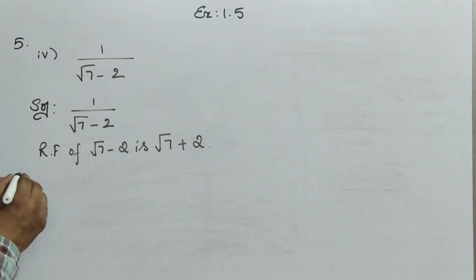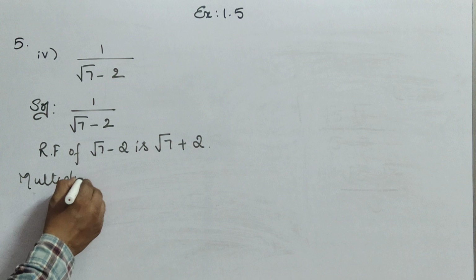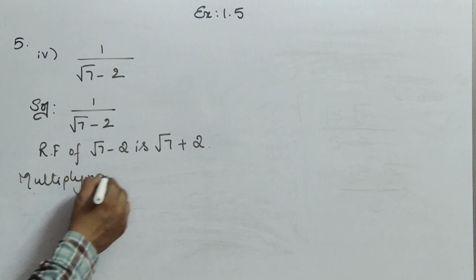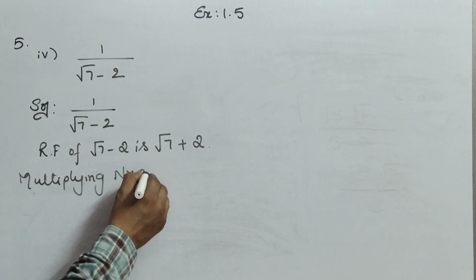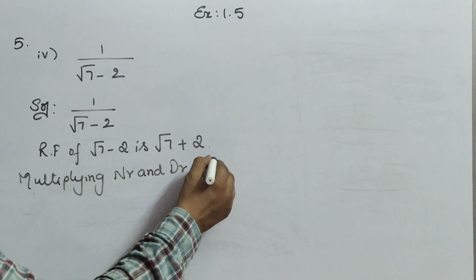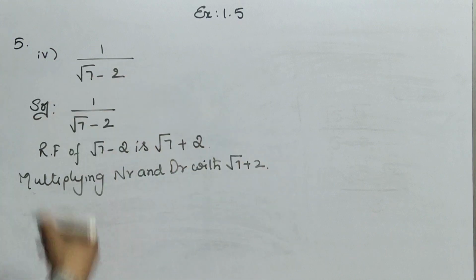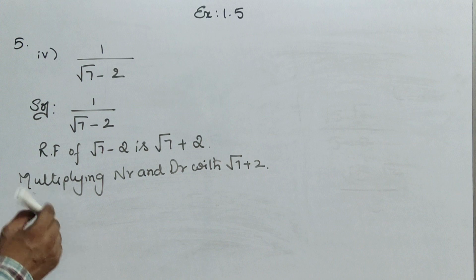Okay, now what to do? Multiplying numerator and denominator with root 7 plus 2. Multiplying the numerator and denominator with root 7 plus 2.